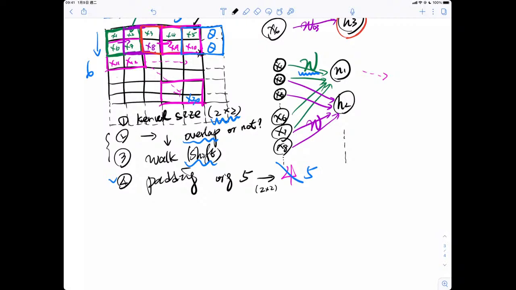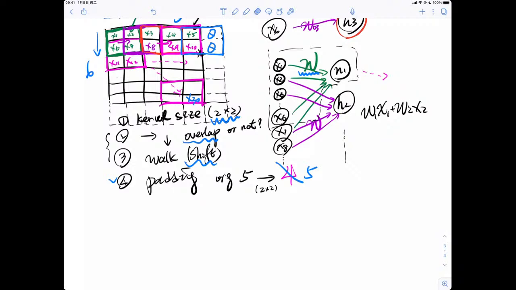The green part is right here. What is the mathematical operation we do right here? It is x1 times weight 1, plus weight 2 times x2, plus weight 3 times x3.